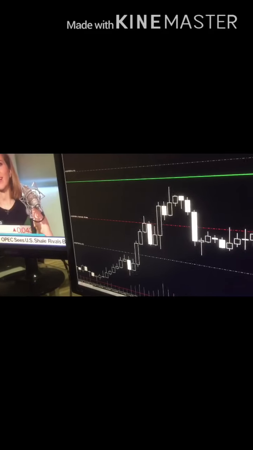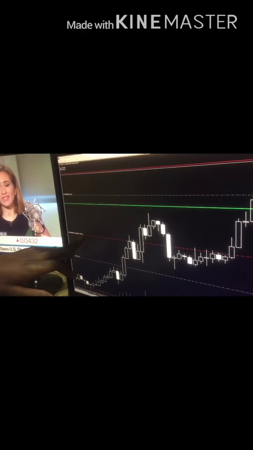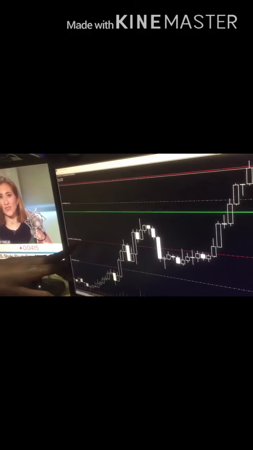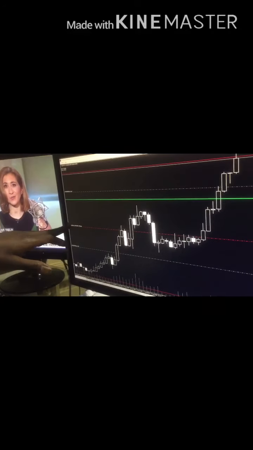So imagine someone without a stop loss, just like that, and the market starts going down, down, down, down. It means by the time the market reaches this point, this person is already losing $50 US. And don't get me started on those traders that use massively huge lot sizes.